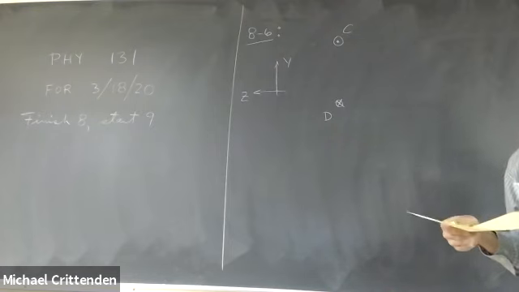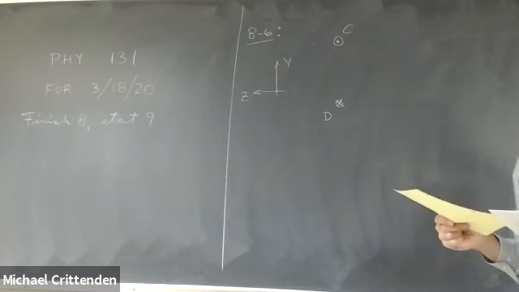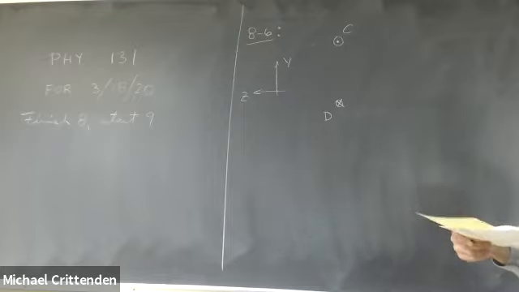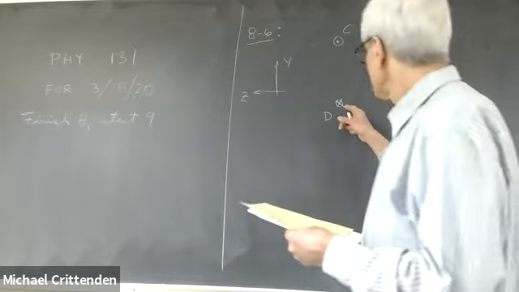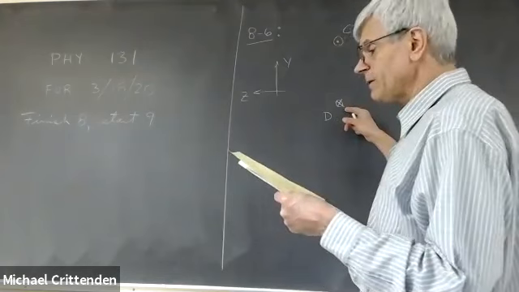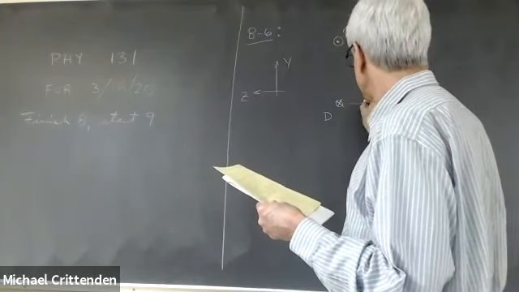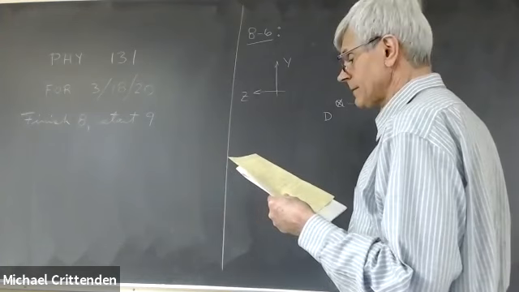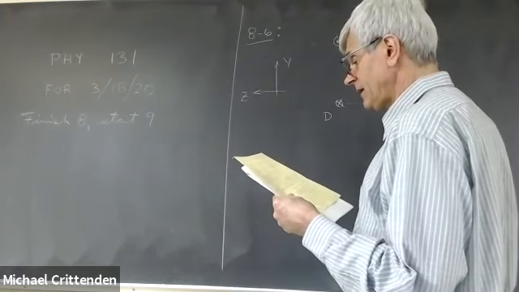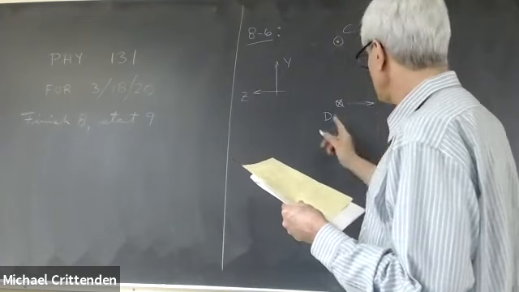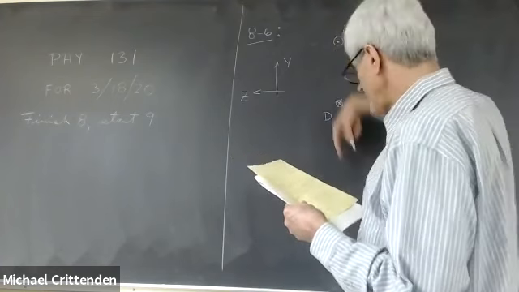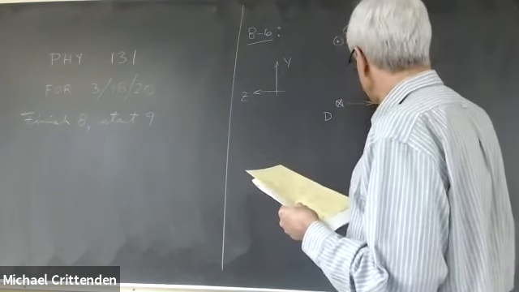This time it asks me to find the force on this wire, which happens to be in this direction. Well, actually, that's the magnetic field. Let's take it a step at a time. The force would be that way, or actually that way. But I'm getting ahead of myself.